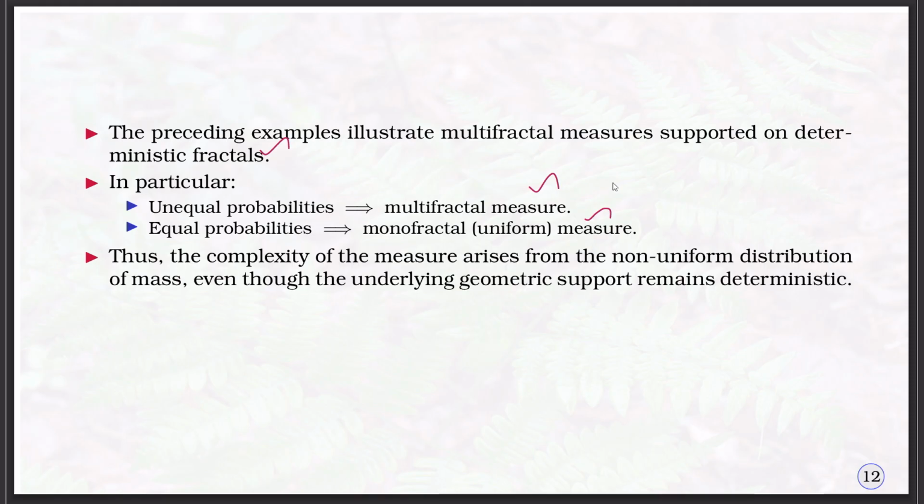Thus, the complexity of the measure arises from the non-uniform distribution, that is the heterogeneous distribution of the masses or probability, even though the underlying geometric support remains deterministic, because the support we are taking has a fractal dimension, and the procedure is also deterministic. Fine.